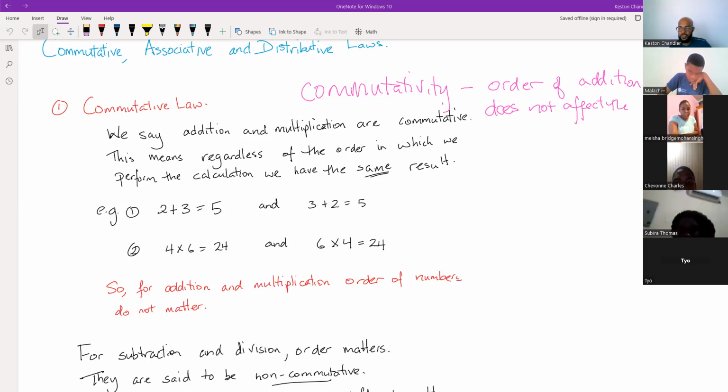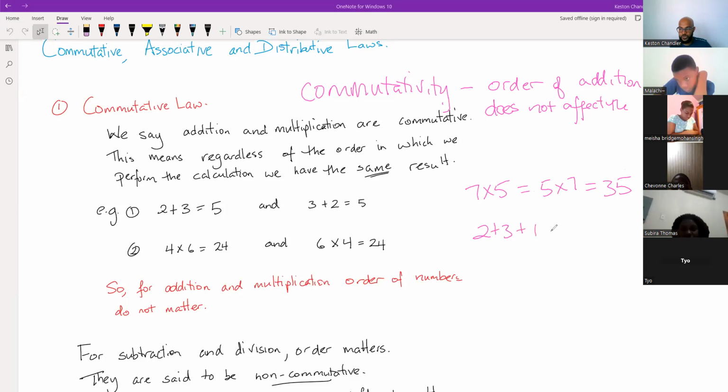Right? It doesn't affect the answer. Everybody okay with that? So regardless whether we multiply 7 multiplied by 5 or we do 5 multiplied by 7, it's still going to yield the same result, which is 35.